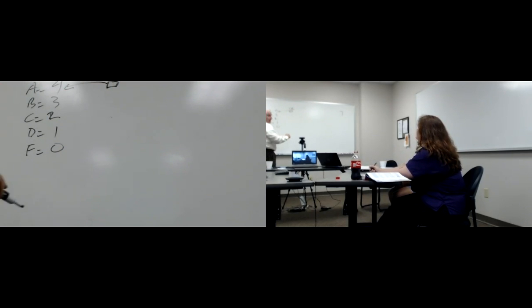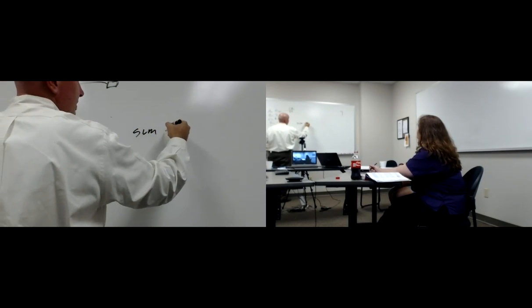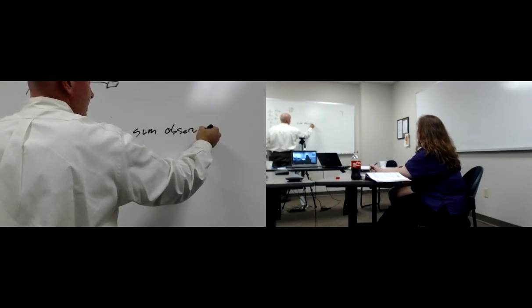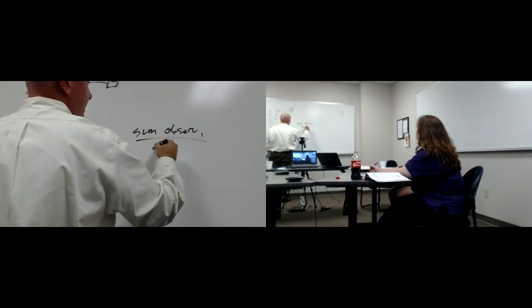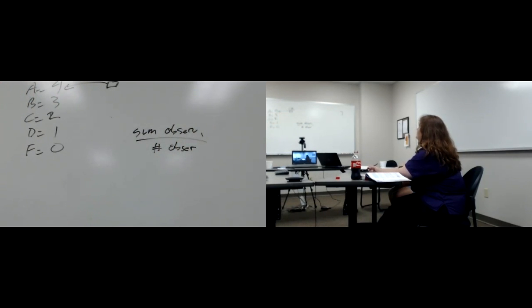Then we sum the observations and divide by the number of observations. It's solved the same way as you solve for the population mean and the sample mean. The only thing we are doing differently is multiplying here.